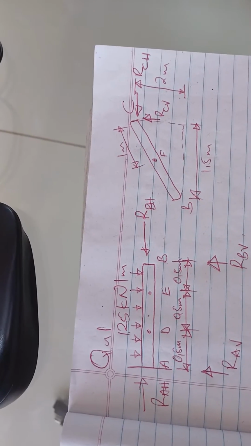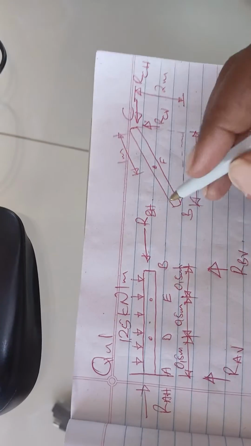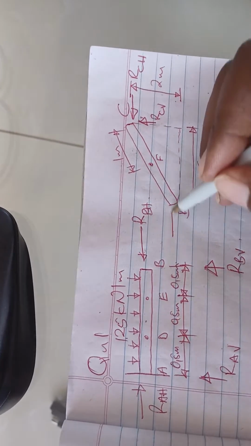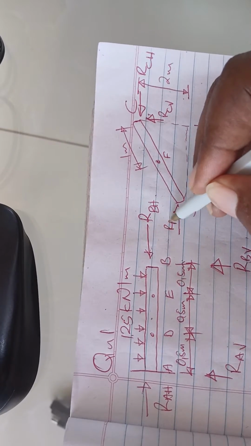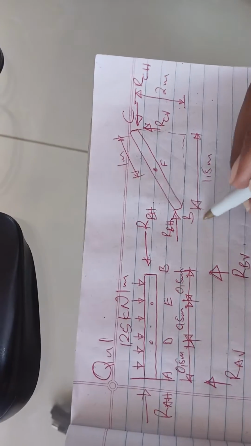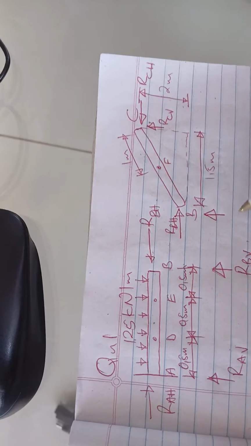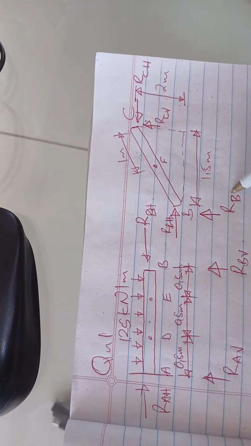And then we can consider this point again, point B of this second link. We have our RBH, and then we have this vertical reaction, our RBV.